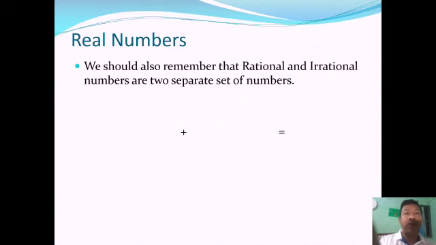Let us see what real numbers are now. We should also remember that rational numbers and irrational numbers are two separate sets of numbers. A number which is rational cannot be irrational. A number which is irrational cannot be rational. In a very simple way, we can say that irrational and rational numbers are two different sets of numbers.